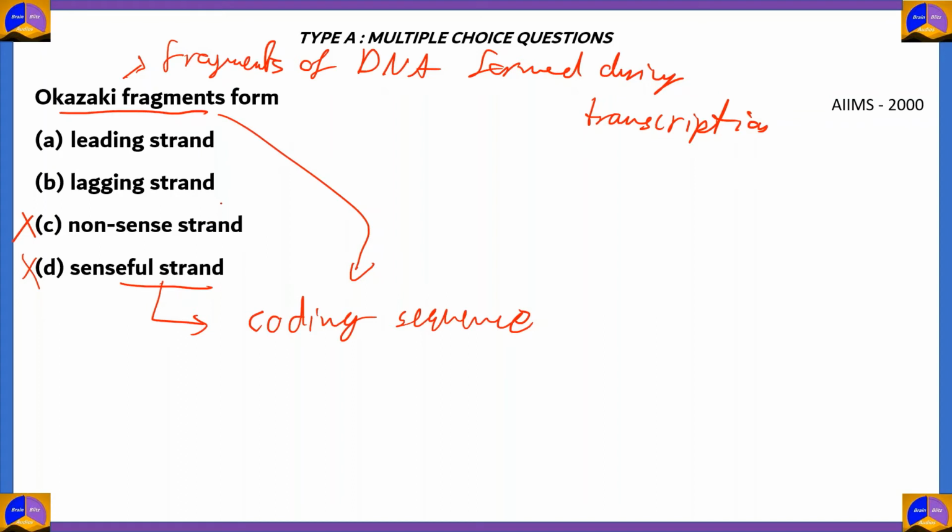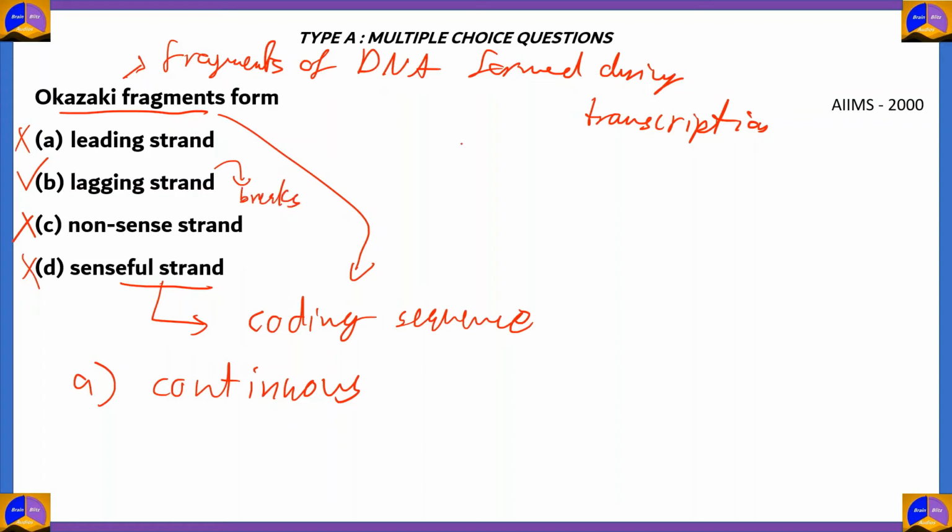Now, let's look at option A, leading strand. What is a leading strand? A leading strand is a strand of DNA which is continuous. And a continuous strand does not form fragments, so option A is incorrect. The right answer is option B, lagging strand. And this kind of strand is discrete and it is a strand with breaks, so it forms fragments.